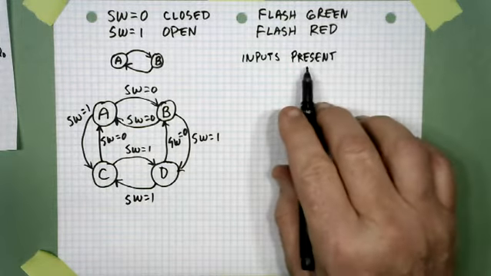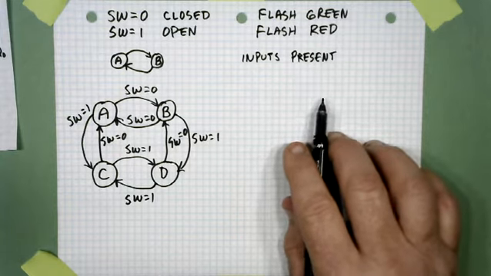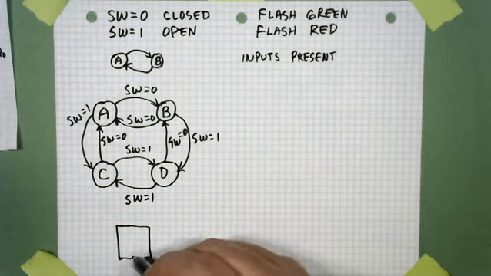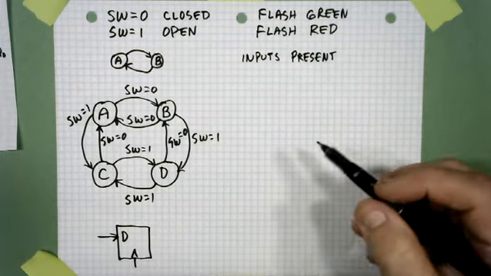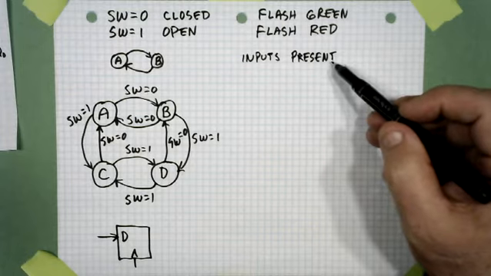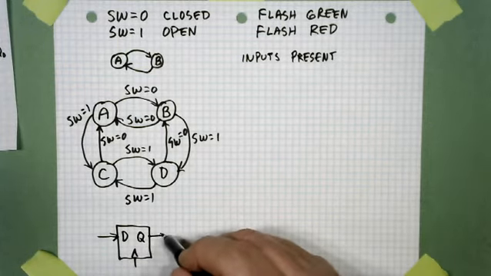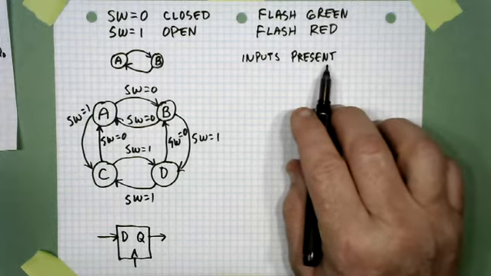And the combination of inputs and present states are going to create a logic input to memory cells. The memory cells are D flip-flops operated by a clock. The D input is going to be the output of this truth table. The Q output, true terminal, which is the output of the memory, actually is going to be the present state of the system.